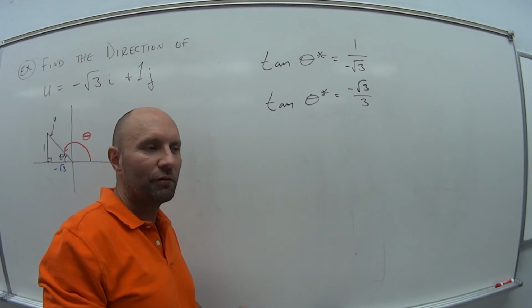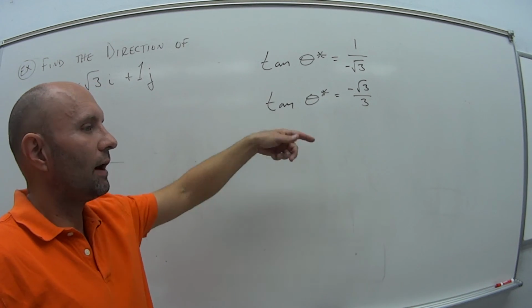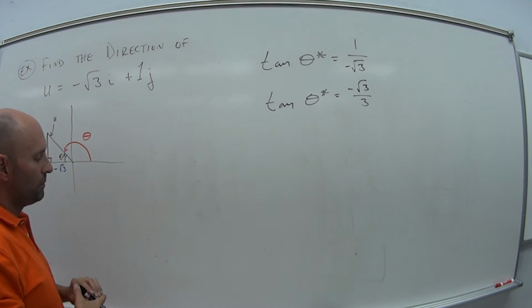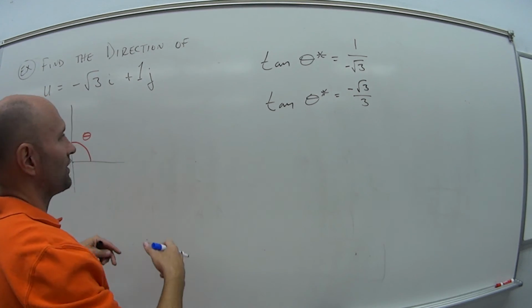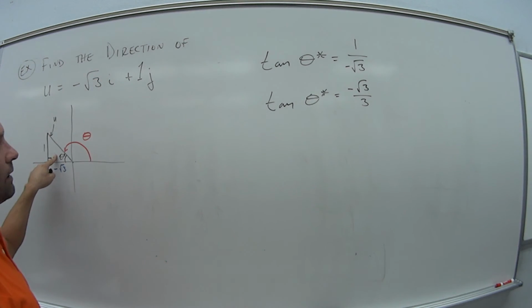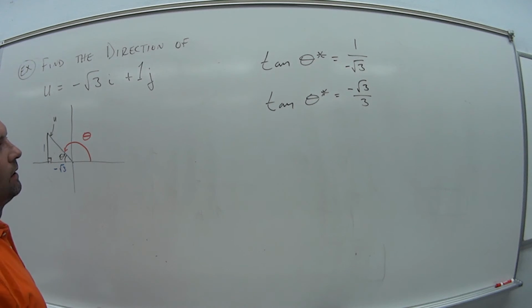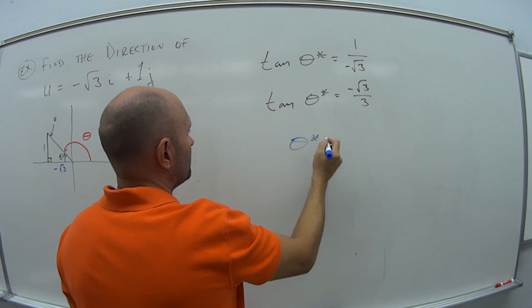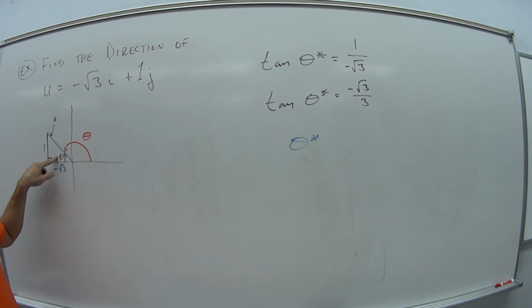So negative square root of 3 over 3, where on the unit circle does tangent have that value? Well, it would be our pi over 6 value here, right? So that means our theta star would be pi over 6.